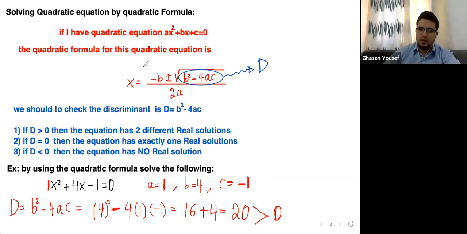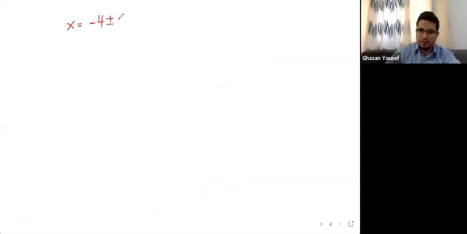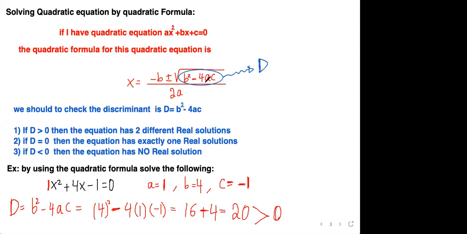So what is the solution? I have to use this formula. Ahmed, would you like to do it? Sure. Okay, so we put negative 4 plus or minus the square root of 4 squared minus 4 times 1 times negative 1.